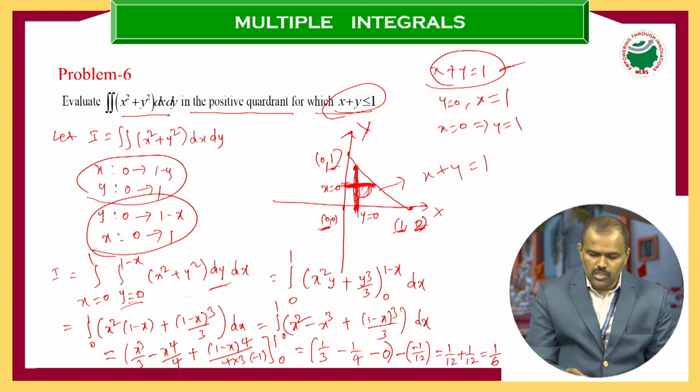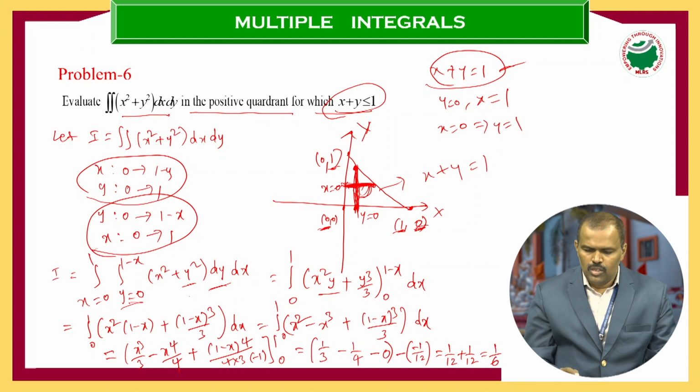Here, one of the important points, everyone has to identify this formula. 1 minus x whole cube is looking like x cube. X cube integration gives x power 4 by 4. But it's not x, it's 1 minus x. We need to write the internal derivative in the denominator because it is integration. So 1 minus x derivative is minus 1. I wrote that in the denominator.